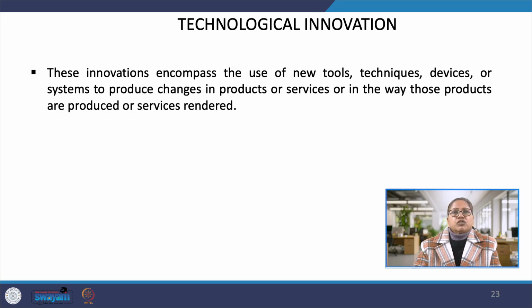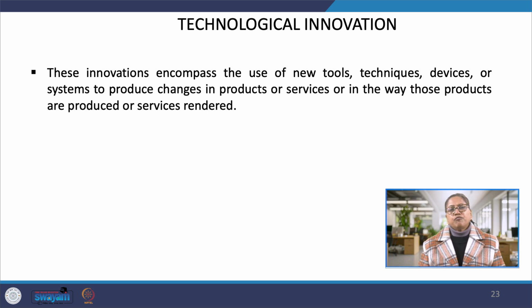What is technological innovation? Technological innovation is what most of us think about when we think about innovative change. These innovations encompass the use of new tools, techniques, devices and systems to produce change in the products or services, or in the way these products are produced or services are rendered.